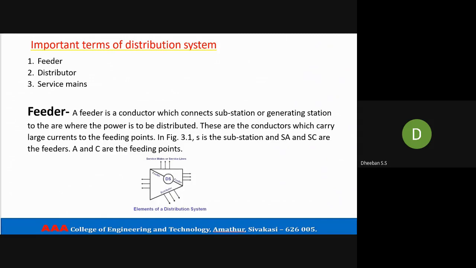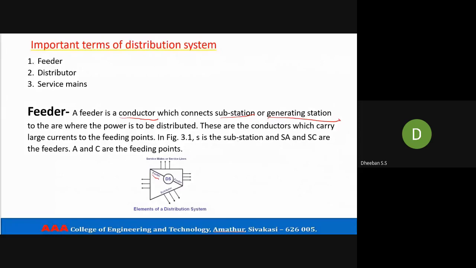This is the entire distribution system, and here you can see the feeder part. A feeder is a normal conductor which connects your substation or the generating station to the area where the power is to be distributed. These are the conductors which carry large currents. In this figure, S is a substation, and SA and SC are the feeders.